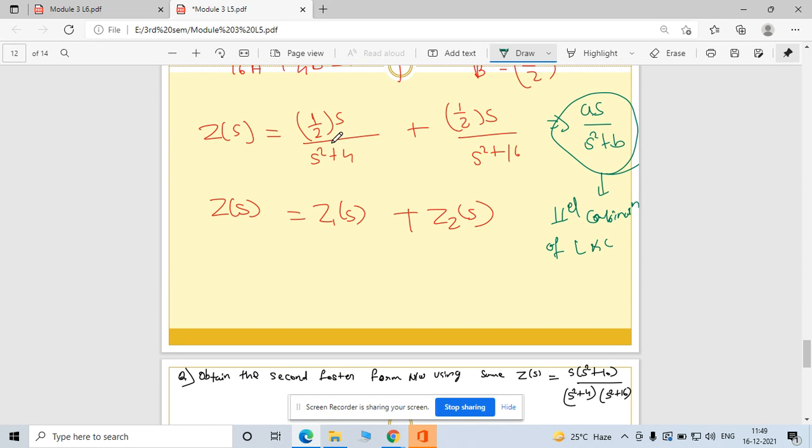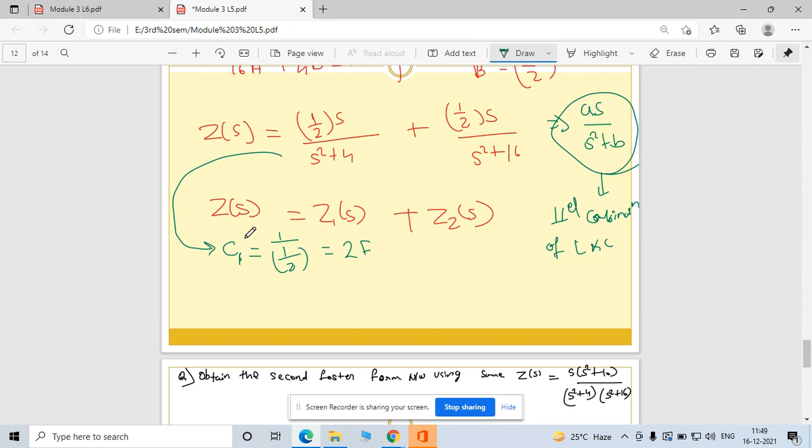What is the value for this circuit? For this, the C value is C1. C1 is 1 by a, where a is 1 by 2, so it will be 2, right? 1 upon 1 by 2, so you will get 2 farad here.